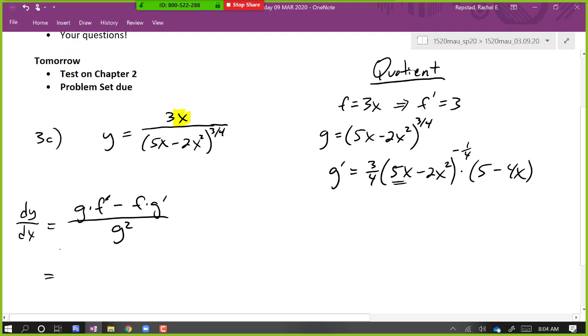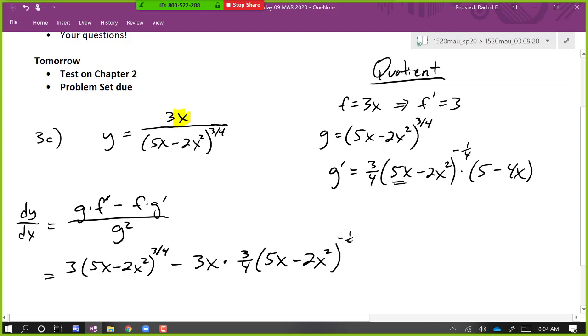So g times f prime. That's 3 times (5x minus 2x squared) to the 3/4, minus f times g prime. So 3x times 3/4, and then all over g squared.